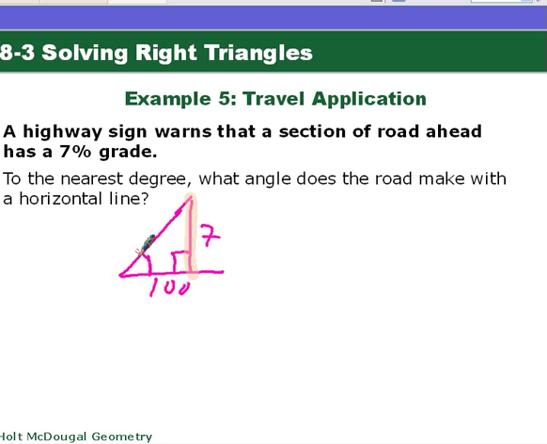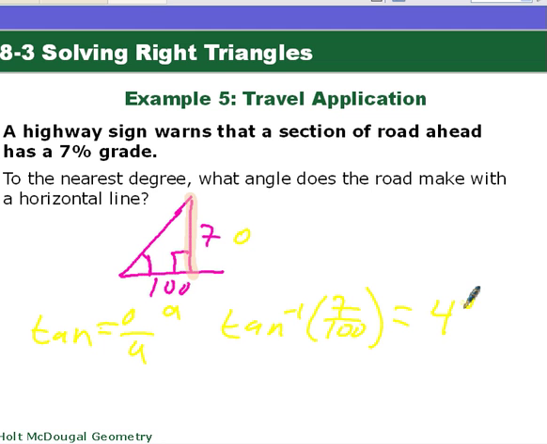So with respect to this angle, this is my adjacent, and this is my opposite. So I know that tangent uses my opposite and adjacent. That's going to be opposite over adjacent. So it's going to be inverse tangent of my opposite over my adjacent, and that ends up being 4 degrees if you put that in your calculator.